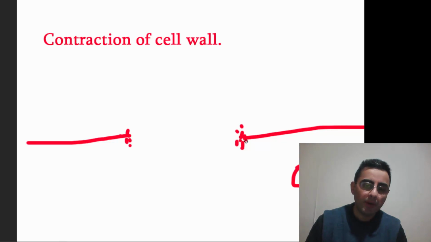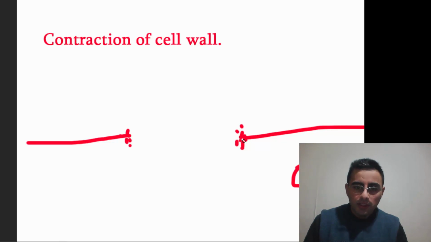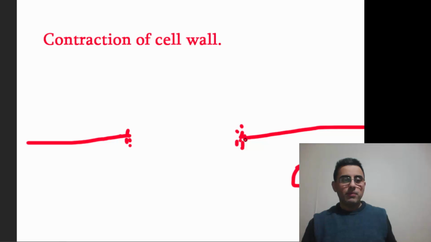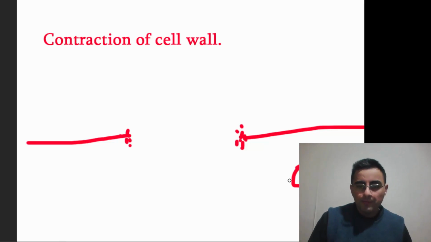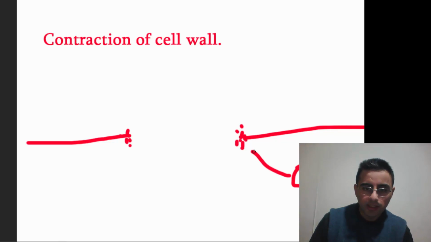Collagen is from the basement membrane. When endothelial cells are damaged, the basement membrane exposes collagen. So we need this platelet to adhere to this collagen.